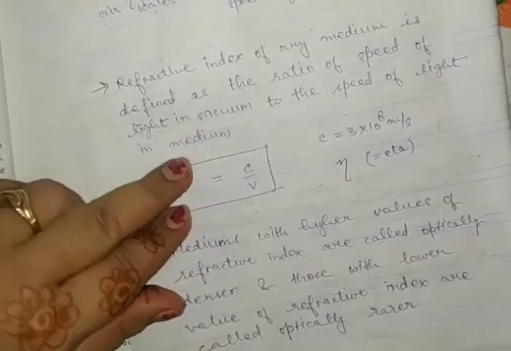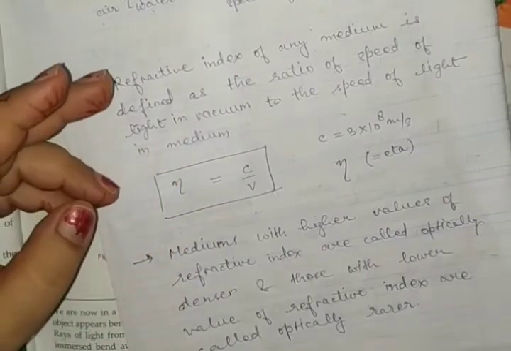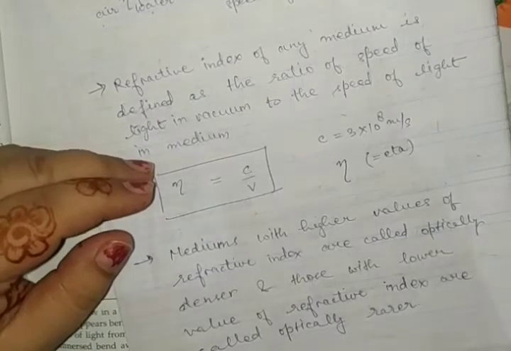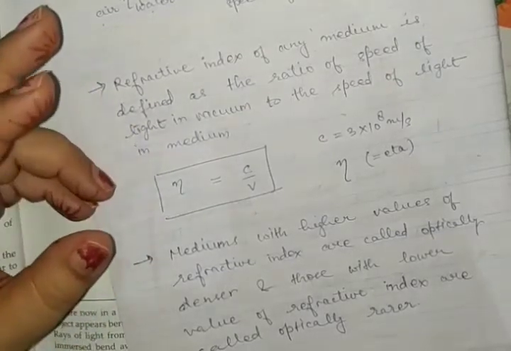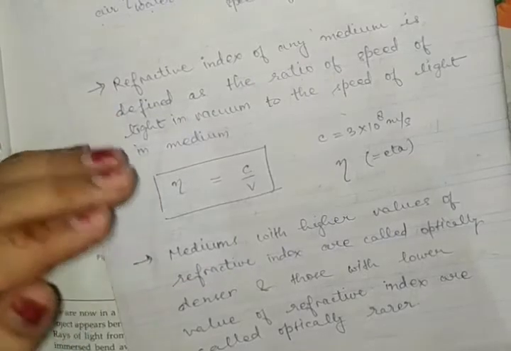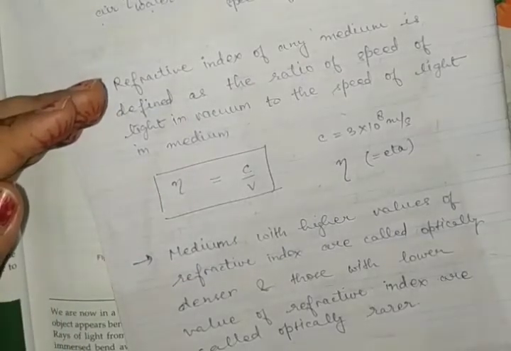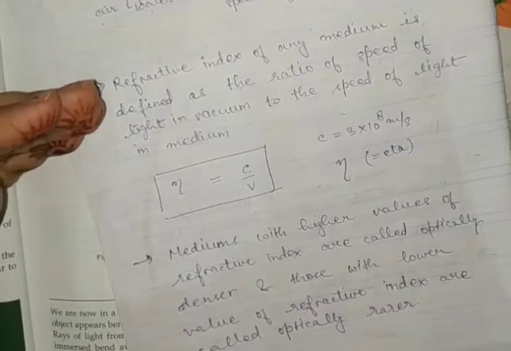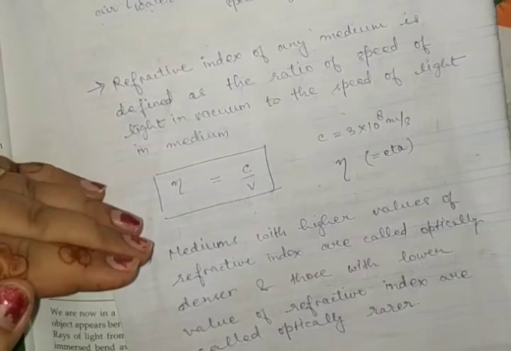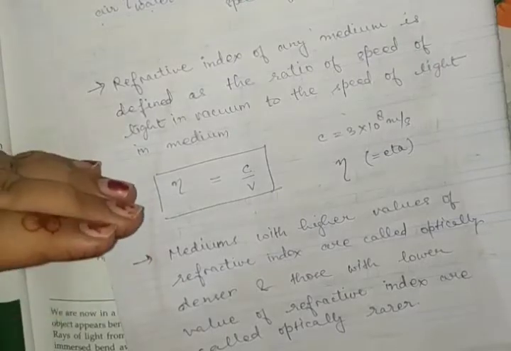That means water is the rarer medium and glass is denser, because the refractive index of glass is 1.5. So it is a comparative thing. Those mediums whose refractive index is greater are denser mediums, and those whose refractive index is smaller are known as the rarer mediums.